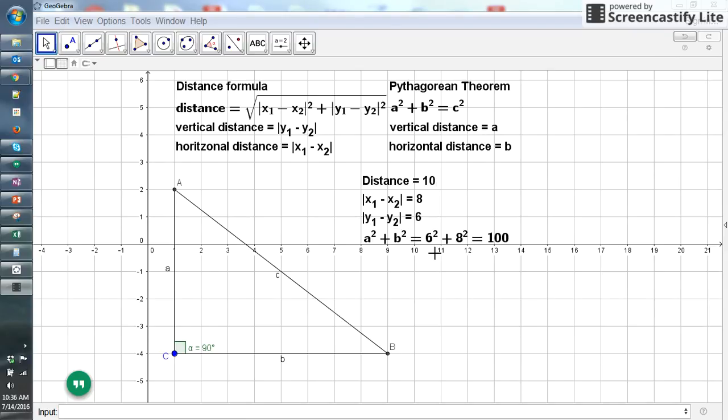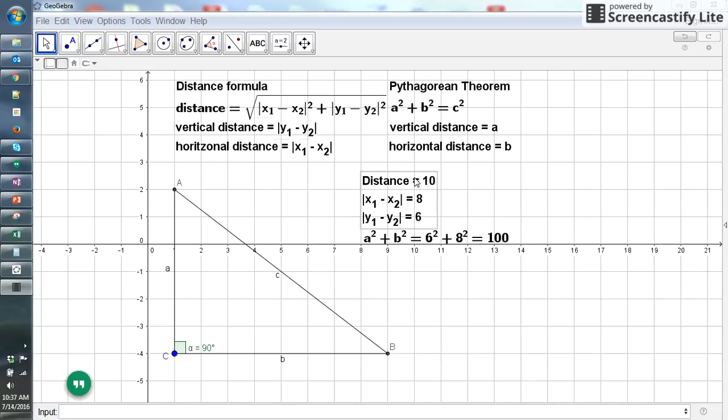Now, it's the same thing that we're going to do with the distance formula. So the distance formula I have written up top here. It says that x1 minus x2 squared, which we said was our b, plus y1 minus y2 squared, which we said was our a.